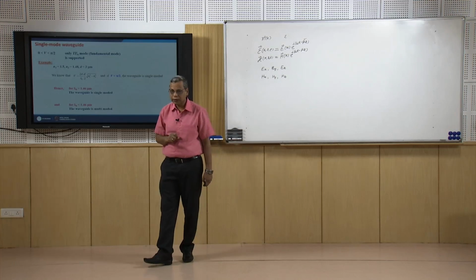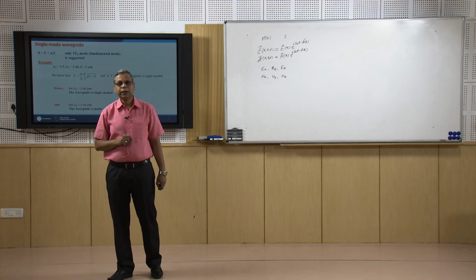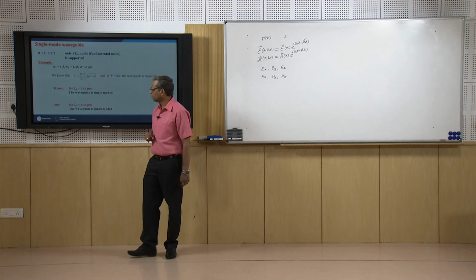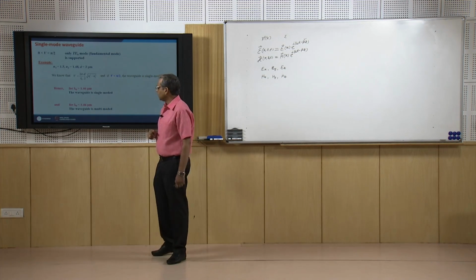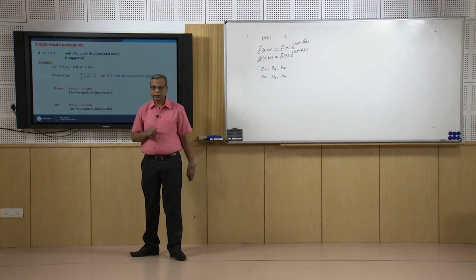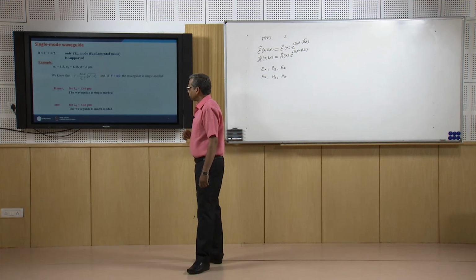That is, for all the wavelengths longer than 1.46 micrometer, the waveguide is single moded, and for all the wavelengths shorter than 1.46 micrometer, the waveguide is multi-moded.